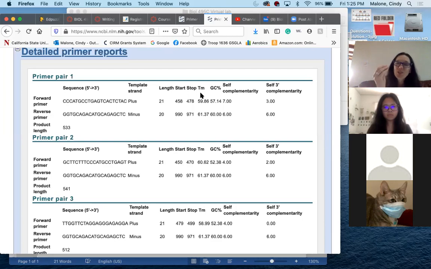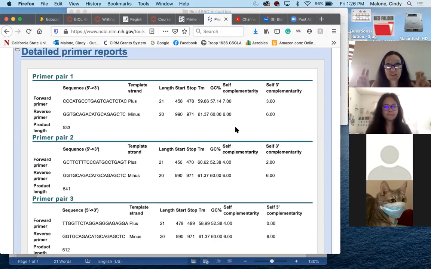So the closer they are in melting temperature, the easier it'll be to find an annealing temperature that works for both and allows you to get PCR. If only one of your primers sits, you're going to get a bunch of those long strands, and that's it. It doesn't help if your annealing temperature is great for one and doesn't work at all for the other. So those melting temperatures need to be close together.